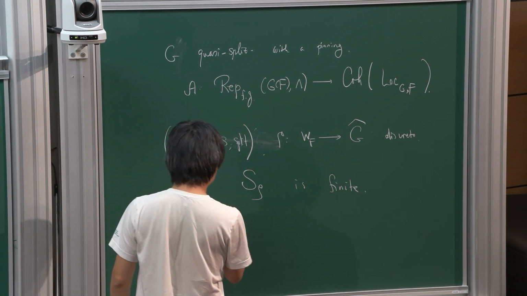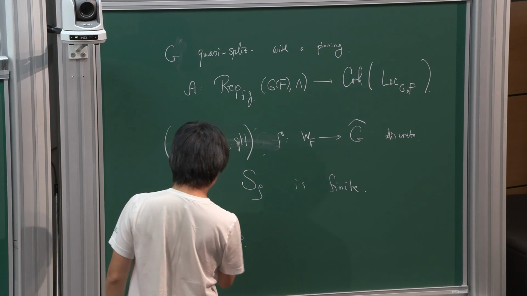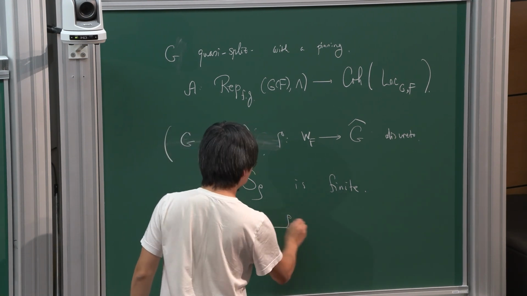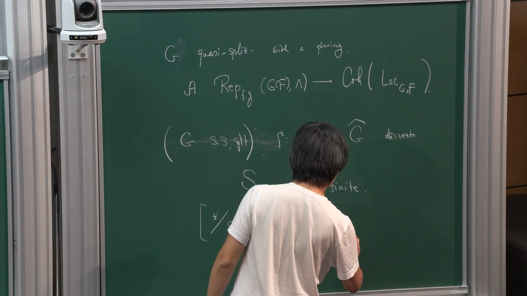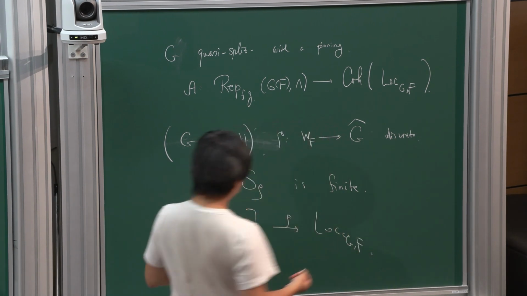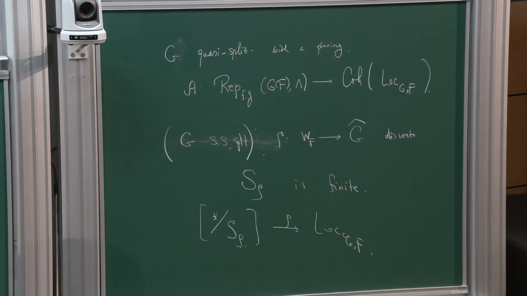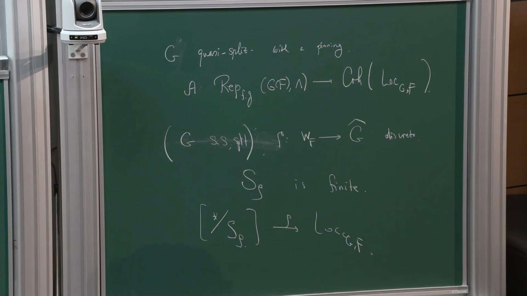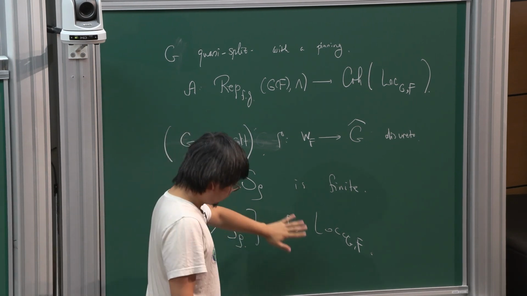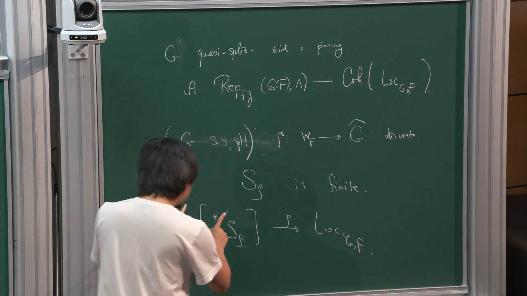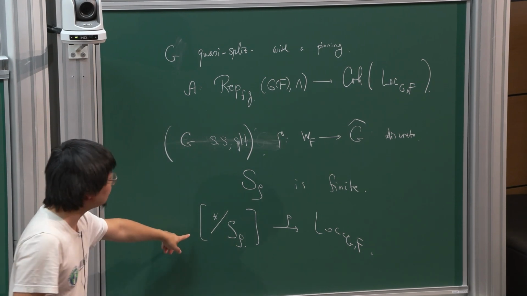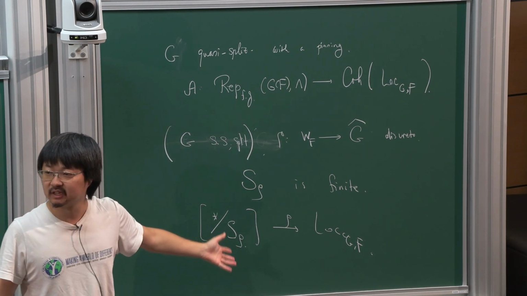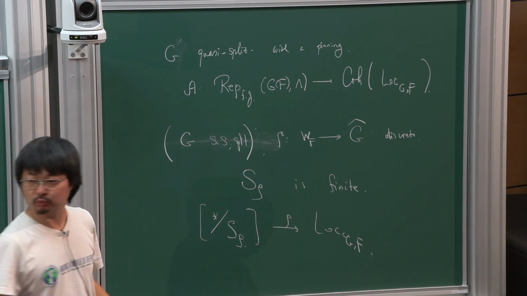It's pretty simple: it's just the point modulo S. Geometrically this is the simplest situation. People thought about this simple case at the beginning, but the point is that the category of coherent sheaves on this classifying stack is exactly the representations of this finite group.